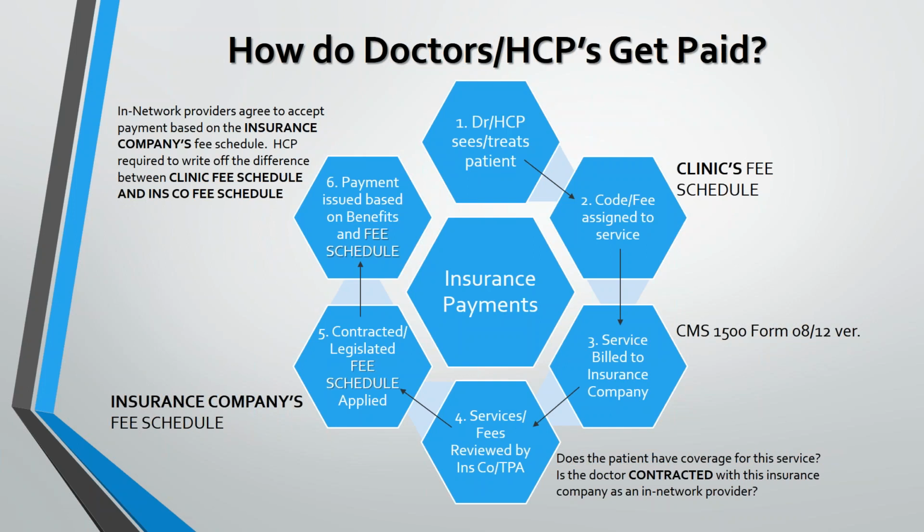So the first thing that happens is the doctor or HCP, and HCP stands for healthcare practitioner, will see a patient or treat that patient. And once the doctor or HCP has treated the patient, they're going to assign a code for that particular service.